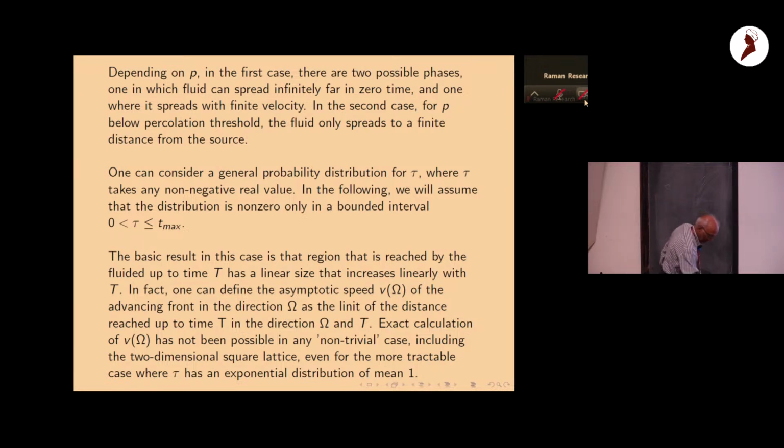I take a lattice, we will take it to be the square lattice again for simplicity. There are all these bonds, all of them have their own independent random variable tau 1, tau 2, tau 3, tau 4 and so on. Then I put a fluid at one point, we will call it the origin, and ask how far can the fluid spread in time t, the region invaded by the fluid in time t.